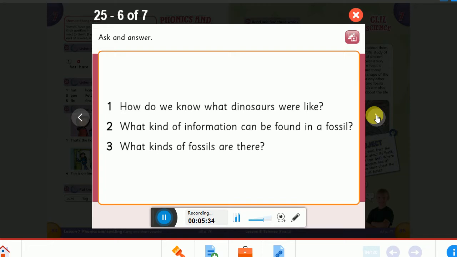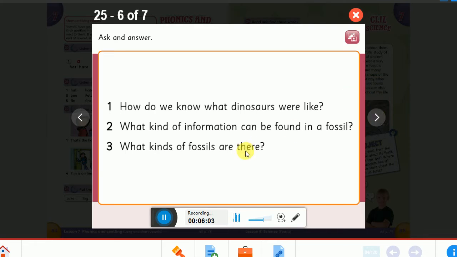So, fossils are important because they give us information about animals or plants that disappeared a long time ago, so we can know about them. Or sometimes they compare these animals of the past with animals that are still living among us today. So fossils give us a lot of information about how these animals lived, what they ate, how they moved, how they looked, and so on.